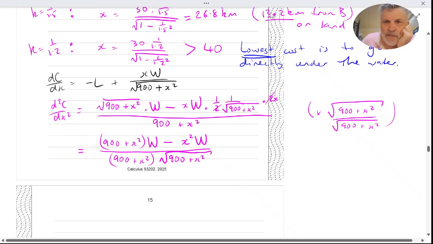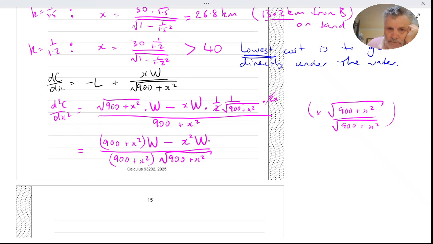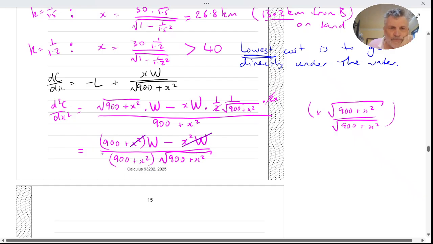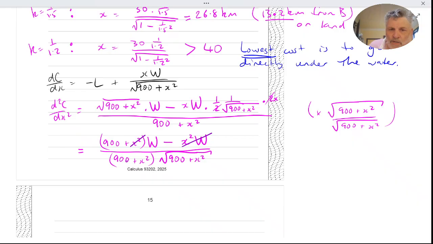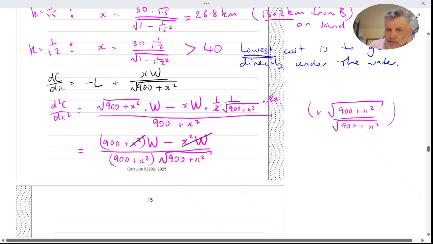And there's a simplification that we can see. We've got x squared w here minus x squared w, so this term cancels with all of this. What we're left with then is 900 times w, over 900 plus x squared on the bottom, and the square root of 900 plus x squared.